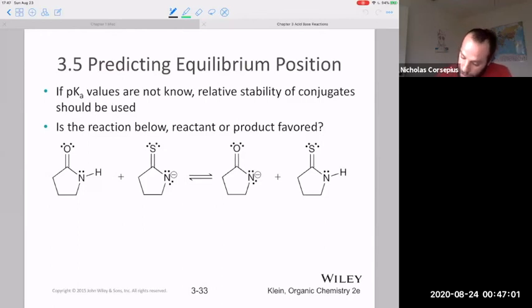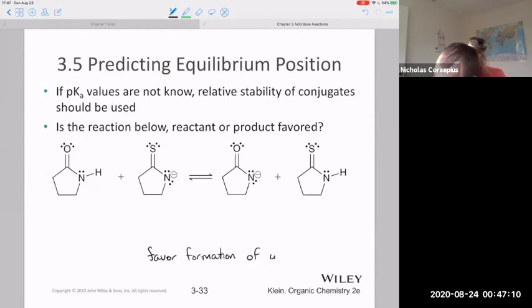Remember, these reactions favor the formation of the weaker acid, right? Stronger acids win. So here we can look at this reaction and try to qualitatively assess what direction this reaction will go, whether it favors products or reactants.